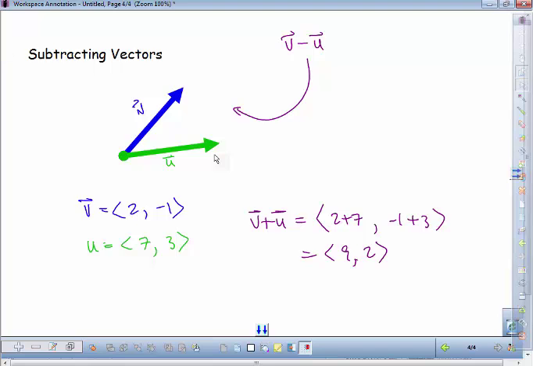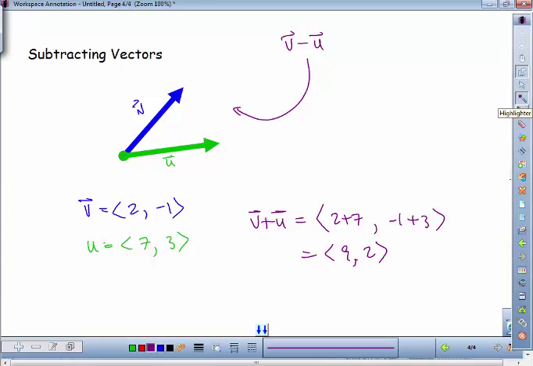So we have the head of v minus the head of u, and we can think about that as head minus tail. What am I talking about?